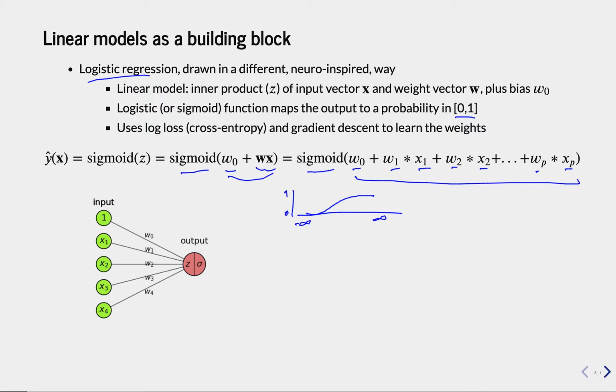So here we have our inputs, x1 to x4. And we have an extra input 1, which is our bias. And these are all connected to a node or a neuron. And each of these connections is weighted with a weight. So what the neuron does is it sums up all the weighted inputs.